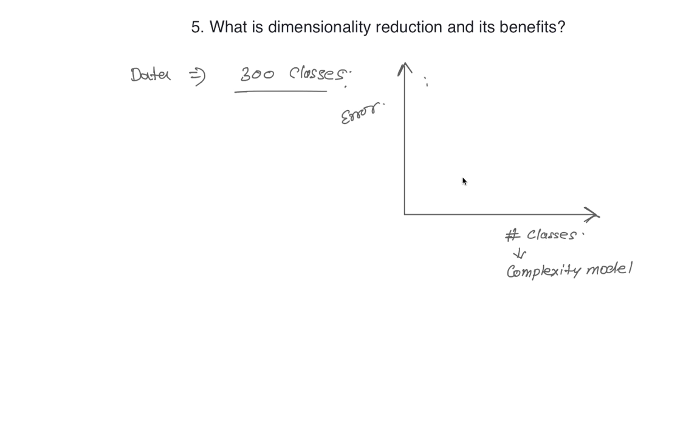As you increase the complexity of a model, your error starts decreasing, but after some point the error starts increasing, as we have seen in the bias and variance trade-off. So a data scientist has to make an intelligent decision and select a sweet spot where error is minimum.